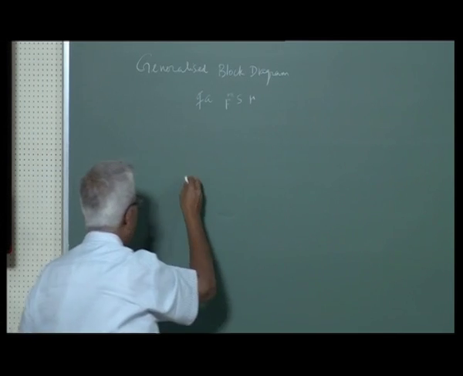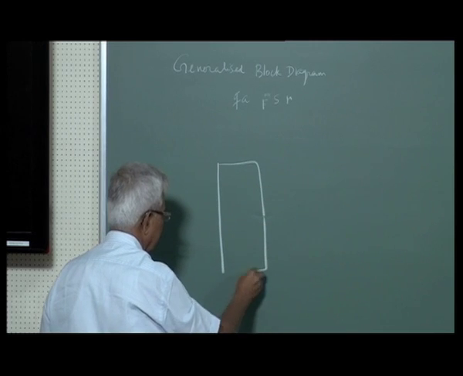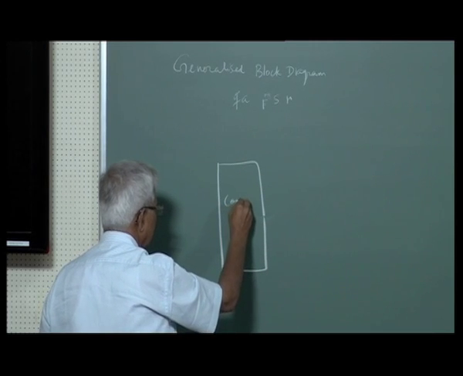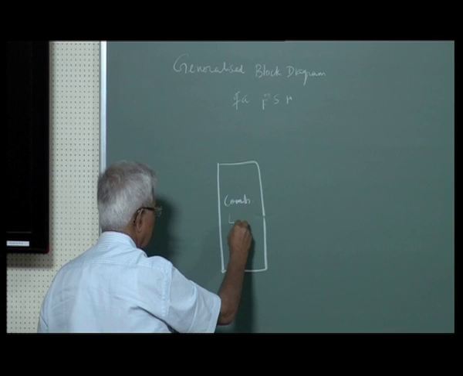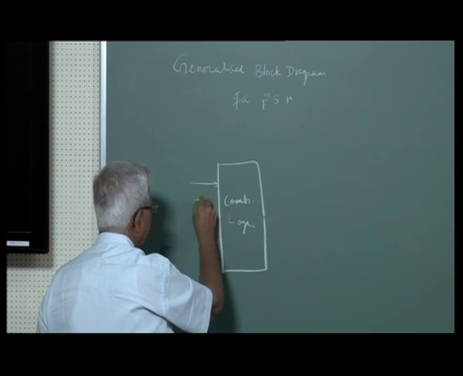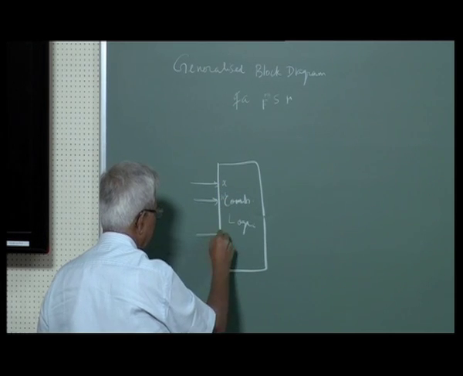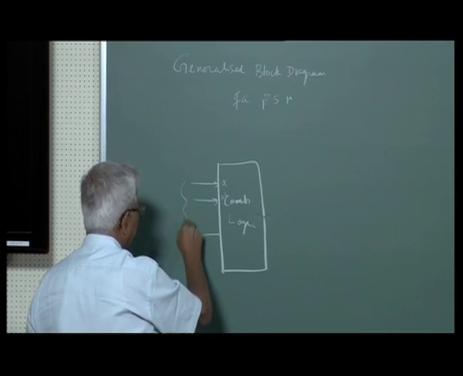You have a combination logic, which has inputs called X, maybe n inputs.